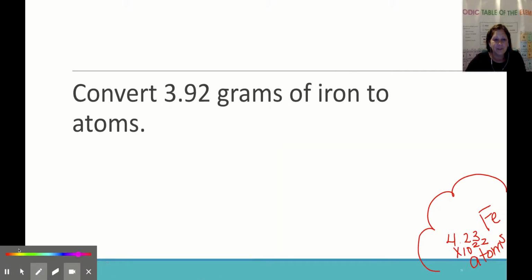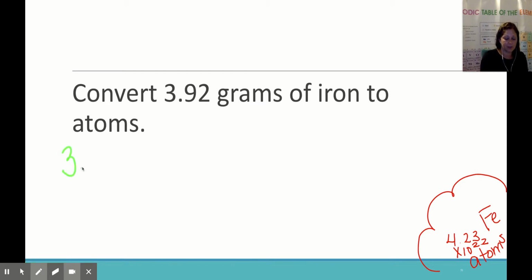For example, if we want to convert 3.92 grams of iron to atoms, we're going to take this 3.92 grams. It's a number without a denominator, so we're going to put it over 1, and we're going to multiply by a fraction where the numerator and the denominator are equal to each other in different units.